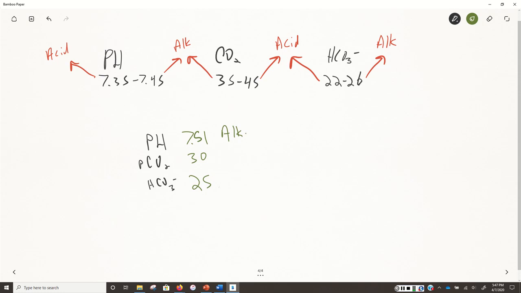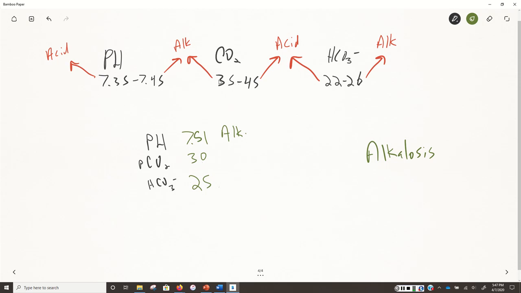Now, before we do anything else, what we already know is that this person has alkalosis. The pH tells us that they have alkalosis. But that's not everything we need to do. Next, we're going to look at the pCO2 and the bicarb. The pCO2, 30.